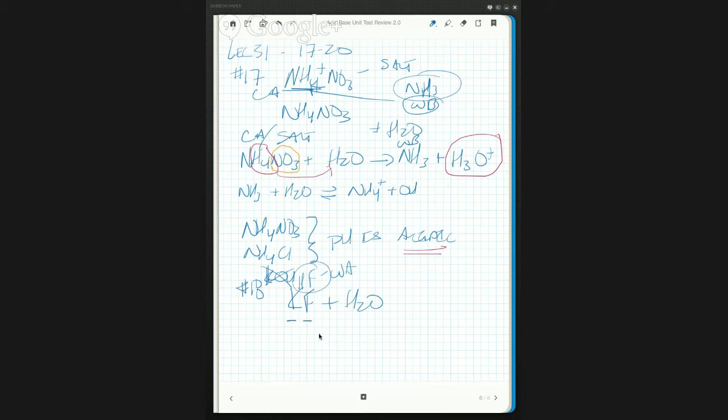When we combine them together, we end up getting HF plus OH minus. So anything like KF, NaF, LiF, all of those, the pH is going to be basic.